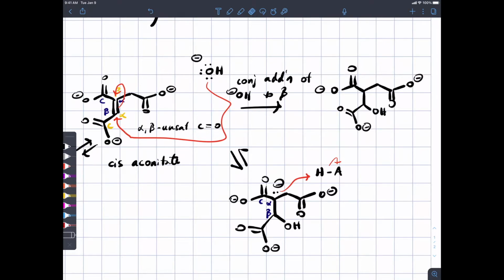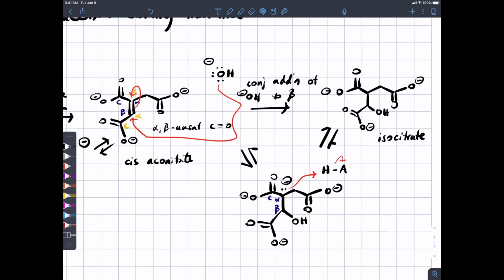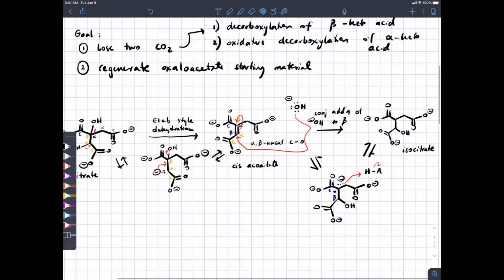So this molecule is called isocitrate. And as you can see, it differs from citrate only in the location of that OH group. All right. Questions about those steps?